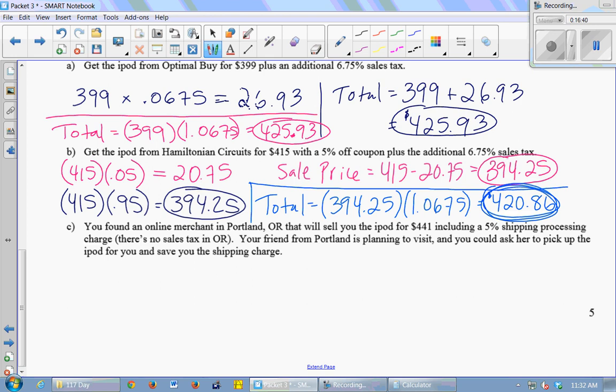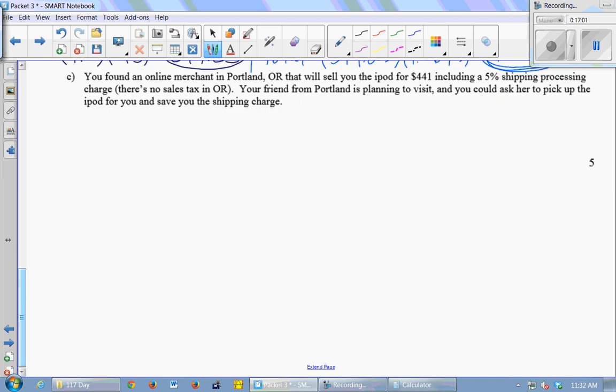So how can I figure out what this was before I added 5% shipping? Yeah, you think that it might be, but that's not the case. Okay, so let's see what happens if I take 95%, reduce 441 by 5%.